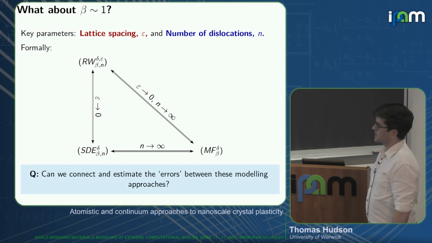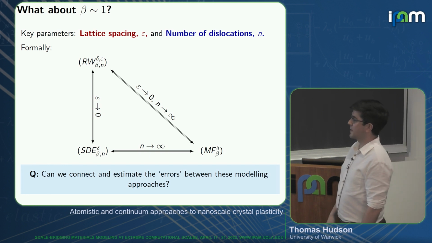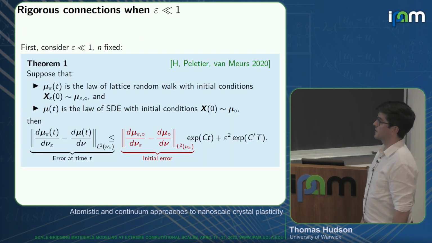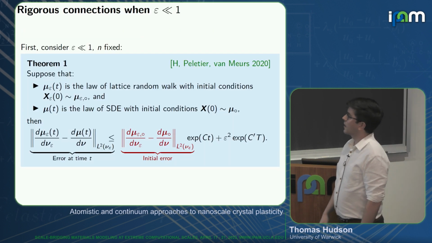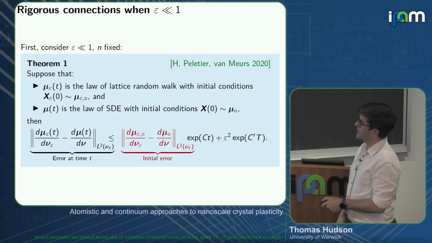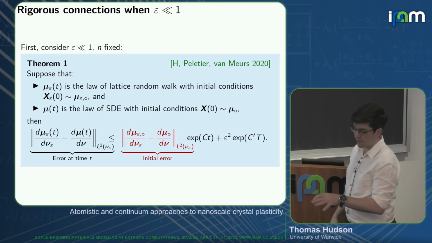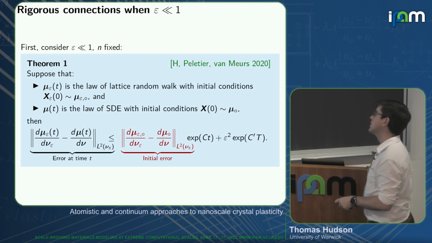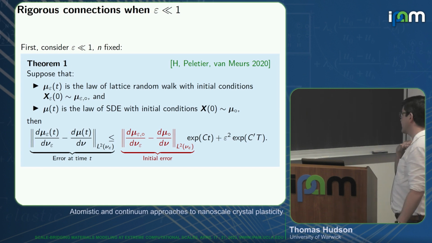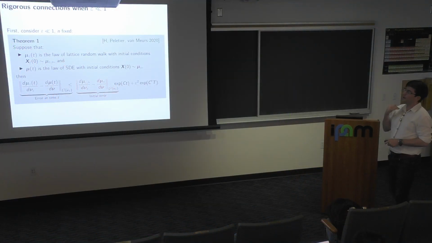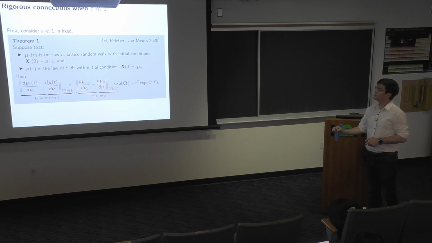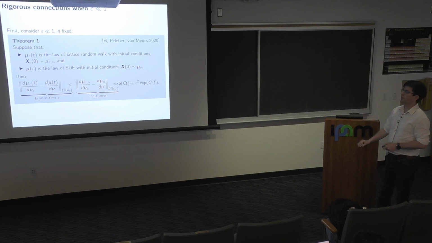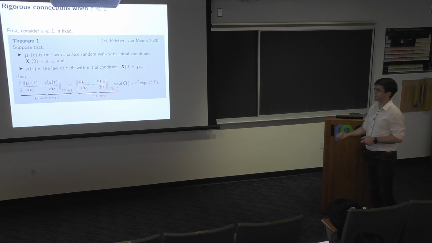Then we asked ourselves, can we connect these models rigorously and estimate errors? The short answer is that we can. This theorem considers just n fixed and epsilon being small. It's a quantitative result in the sense that I'm not really taking epsilon to 0, I'm taking epsilon close to 0 and showing that the solutions are the same.